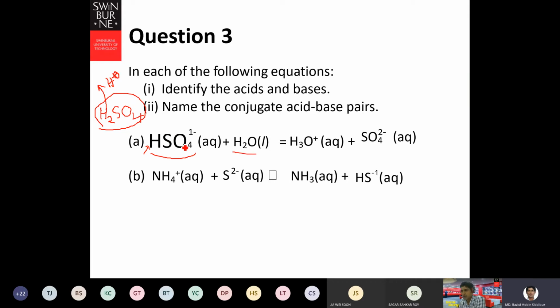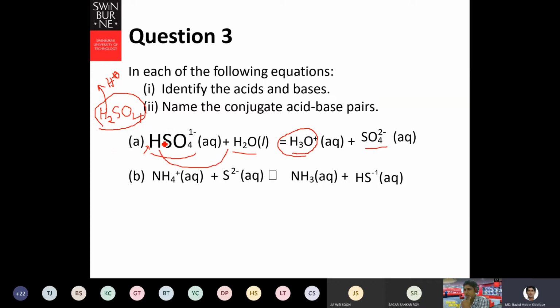So when we put it in the water, the hydronium ion, H3O plus, will be formed, and sulfate ion is formed. How does the hydronium ion form? Of course, from the water.